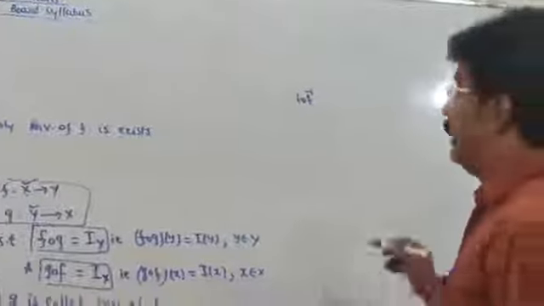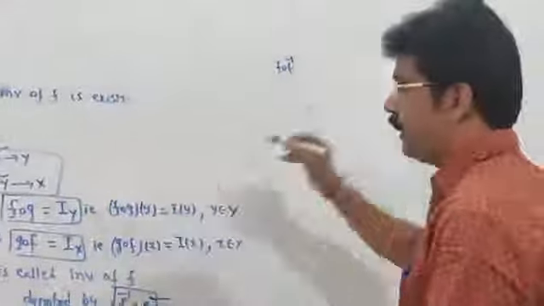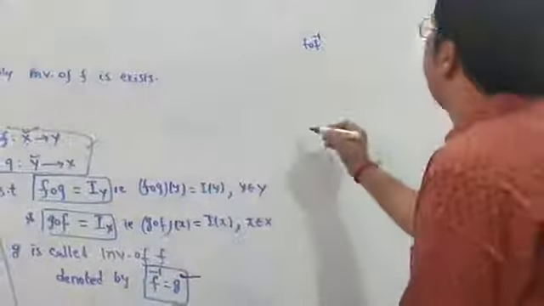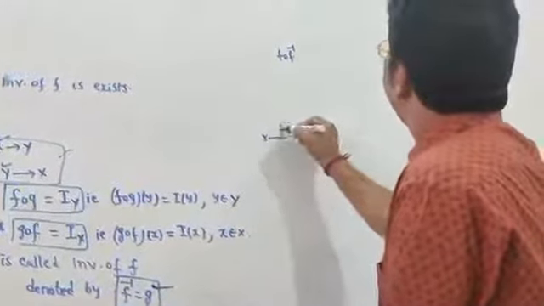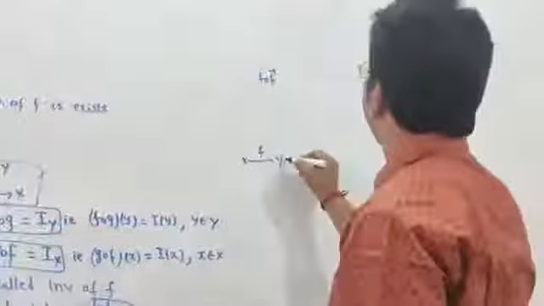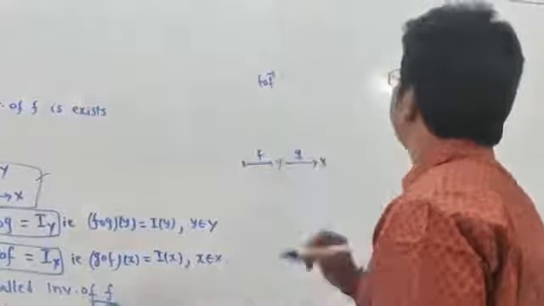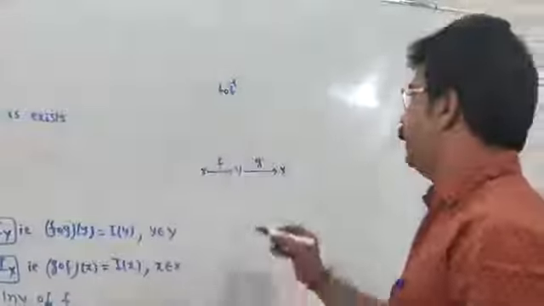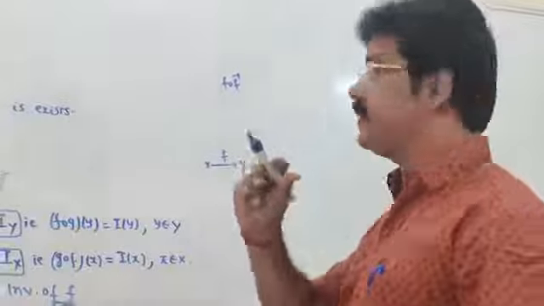Here f is from X to Y, and g is from Y to capital X. I already talked about the composition of f, g.